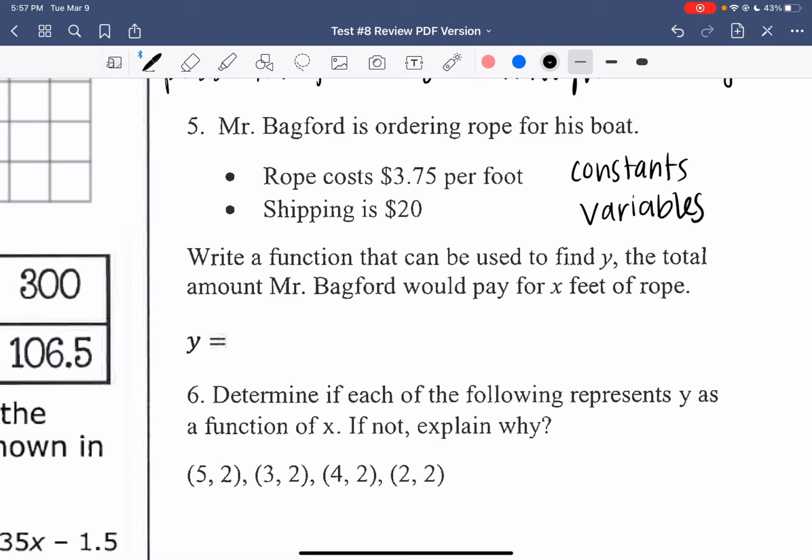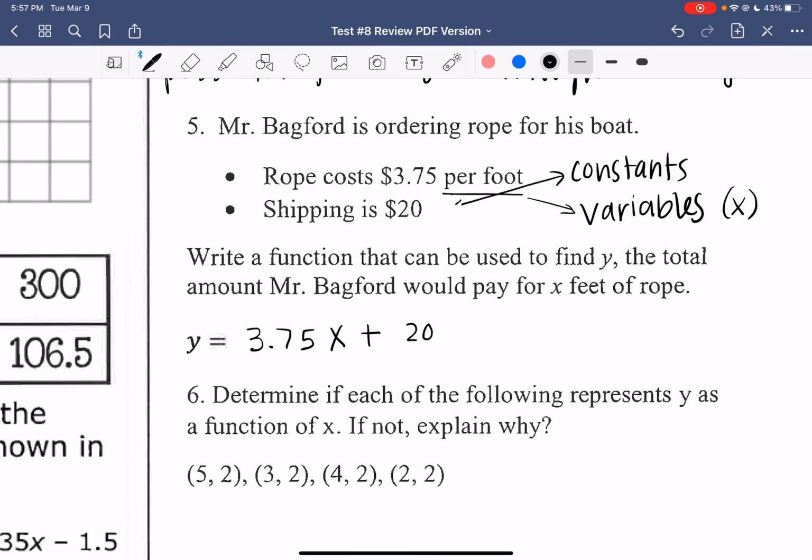Variables are going to have the x's with them, and the constants are just going to be normal numbers. So if you think about the amount of rope he's buying, this is going to vary per foot. So this is going to be a variable. So when he pays $3.75, he's not just going to pay that one time, but we're wondering how many feet he will choose. And then, unfortunately, he has to pay for shipping. And that shipping is going to be a constant number of $20.